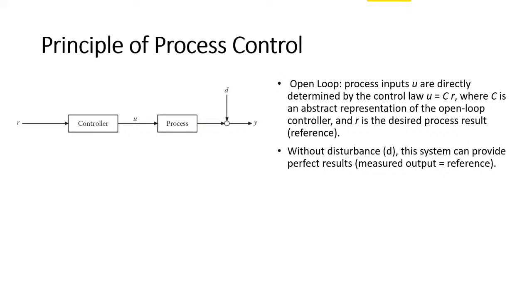This is the classical process control system. We input the reference value that you want. For example, you want to do drying at 50 degrees C. And then you monitor the output going into, let's say, your dryer.